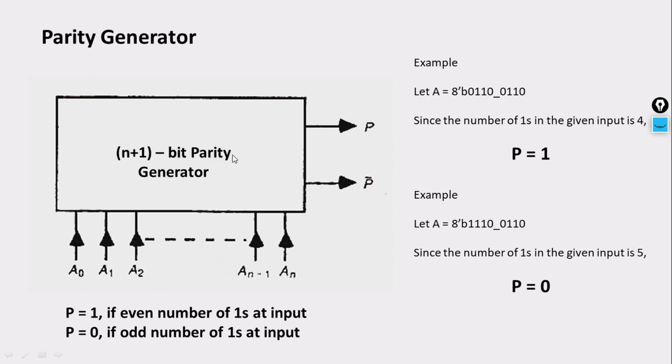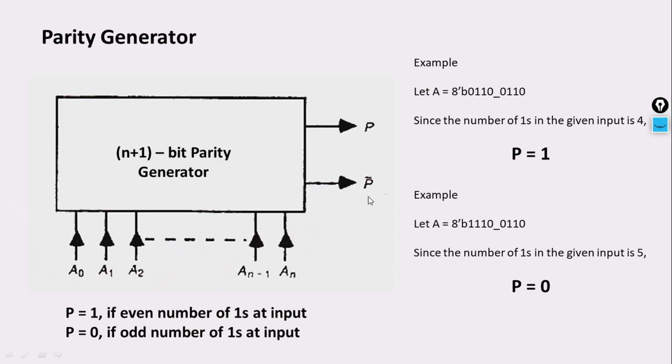So this is what needs to be done. We don't know what is present inside this block, so we need to define it and come up with a design that takes a very small number of transistors, gives a very clear output, and requires much less area. How we can do that, we are going to discuss.